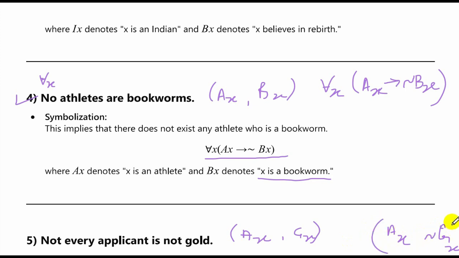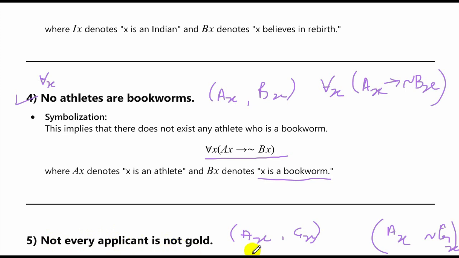Now we have to determine two more things: what symbol to use here and which quantifier to use, whether universal or existential. Now we know not every means at least some. When you say not every applicant is not gold, it means some applicant is gold.